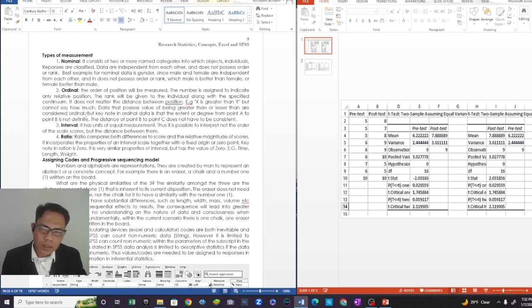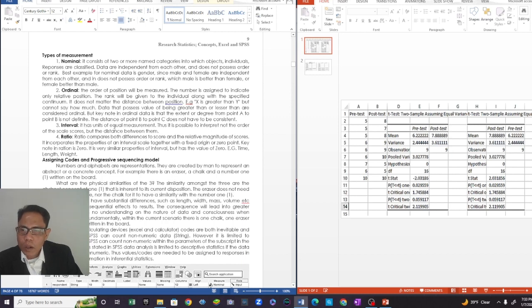The data possess the value of being greater or less than the other, but the keynote in ordinal data is that the extent of degree from point A to point B is not definite. The distance from point B to point C doesn't have to be consistent. If A and B have this distance, it doesn't mean that B and C have to have the same distance. That's the nature of being ordinal data.